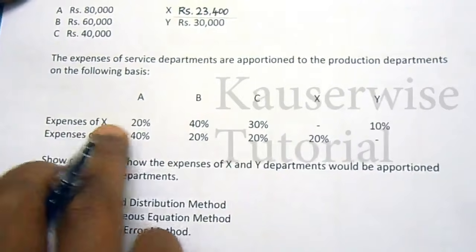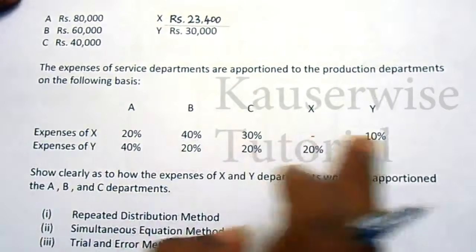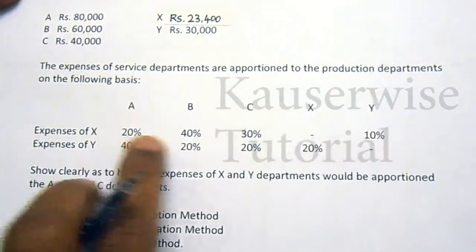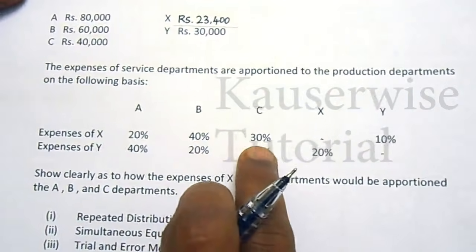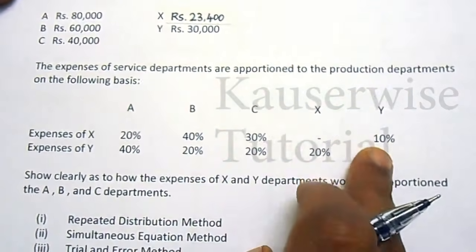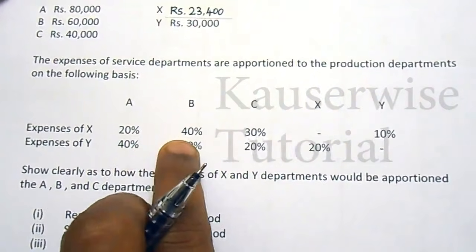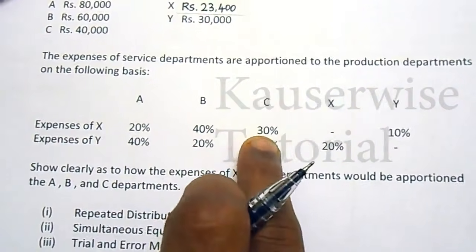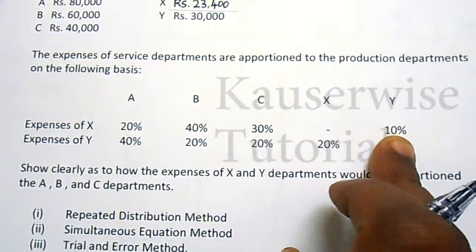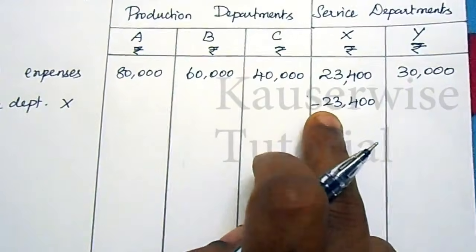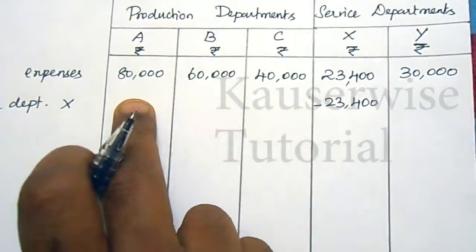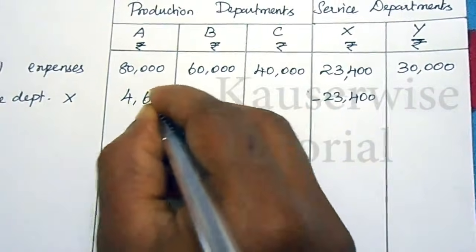Expenses of X is transferred to A, B, C and Y. For A 20%, for B 40%, for C 30%, for Y 10%. So 20 plus 40 is 60, 60 plus 30 is 90, 90 plus 10 is 100. So 23,400 into 20 by 100, 4,680.